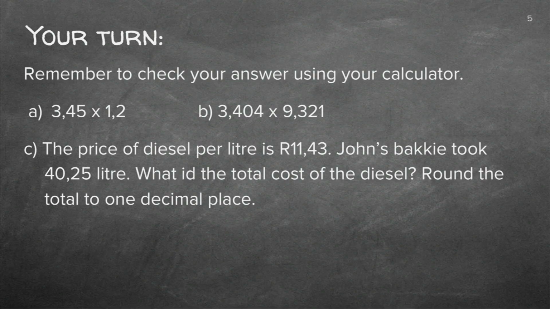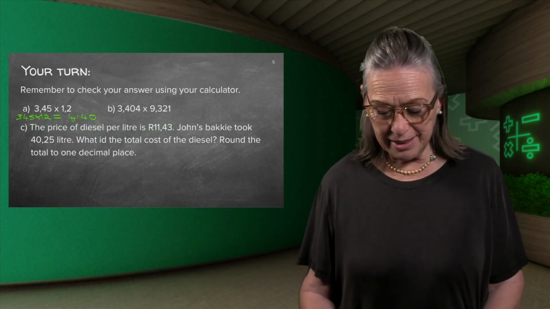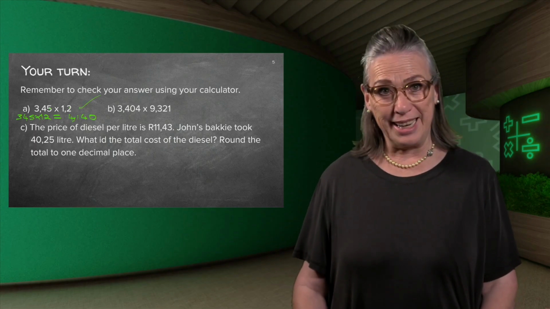So we're going to find the answer of 345 times 12, and the answer of that is 4140. And how many decimal commas do we have? 1, 2, 3. So we're going to count 1, 2, 3, and put the decimal comma there. So our answer is then 4,140. And well done if you've got this one correct.